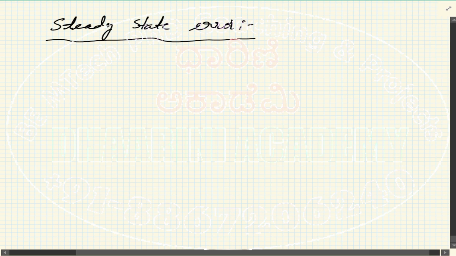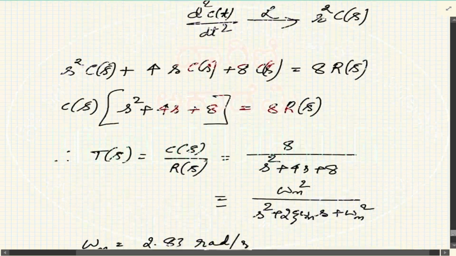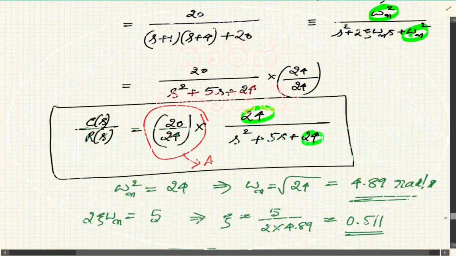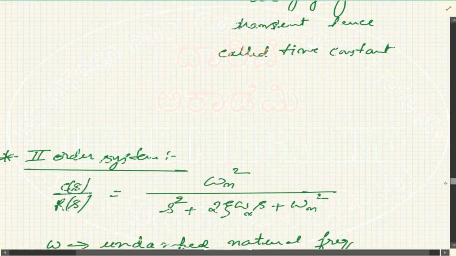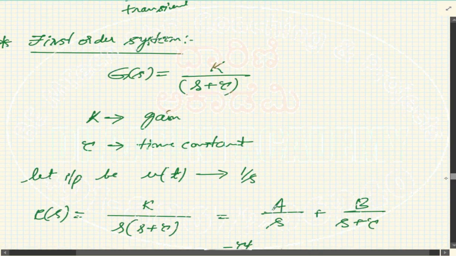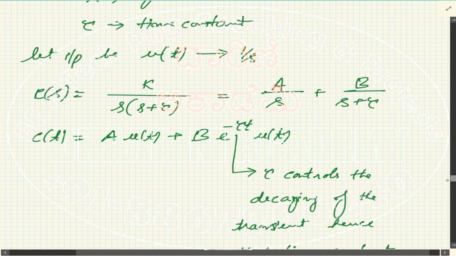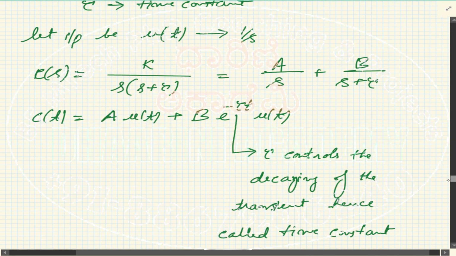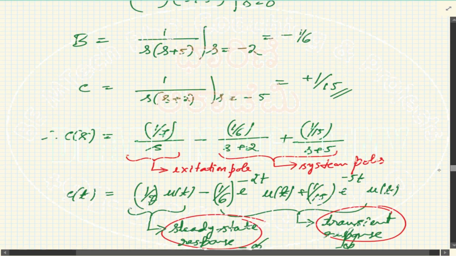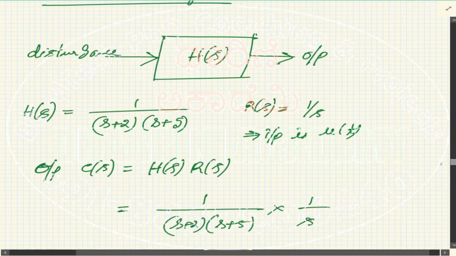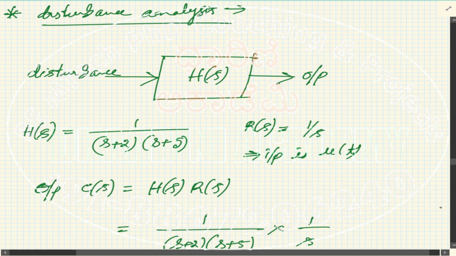Now, we already have discussed a concept wherein we have seen that the output of any system will be split into two parts normally. I'll just quickly recall what we had done in the disturbance analysis.